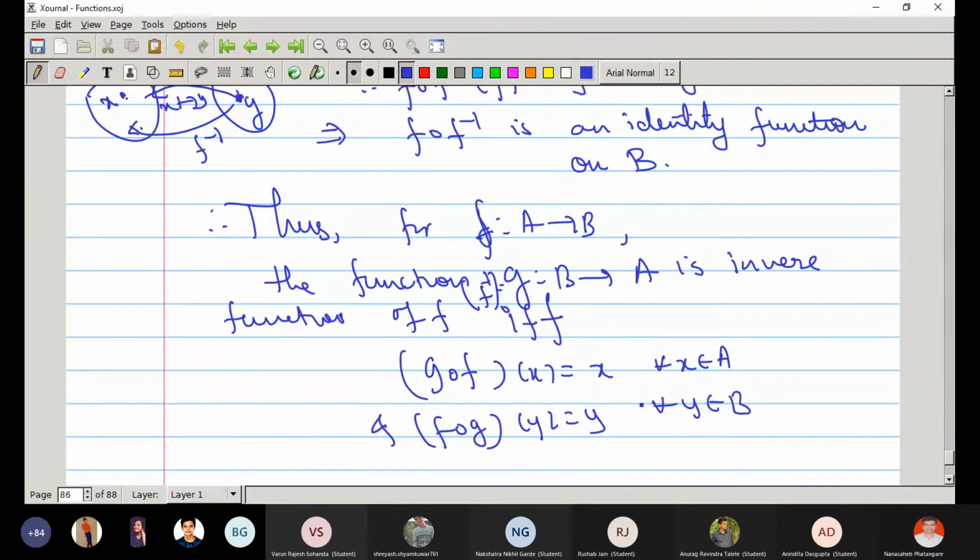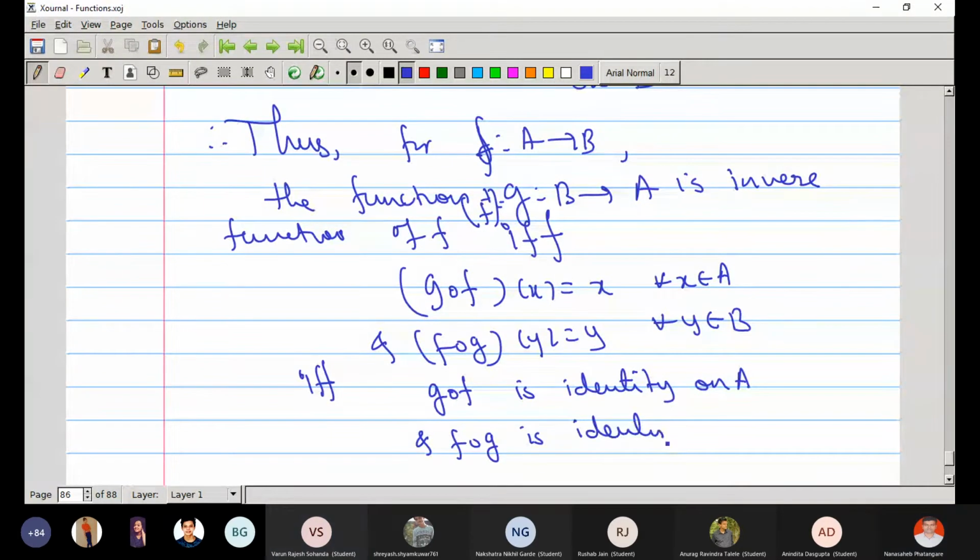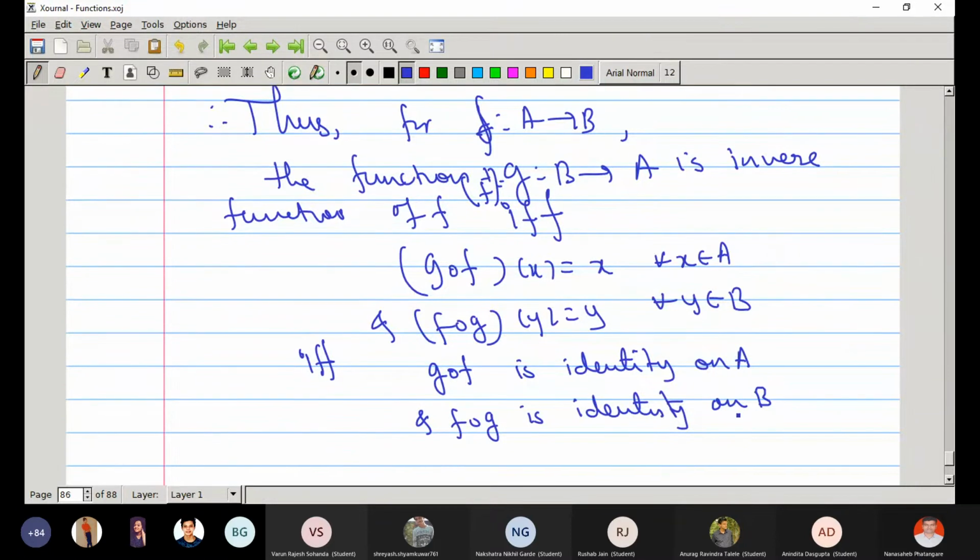Is it clear or any doubt? G is the inverse of f.